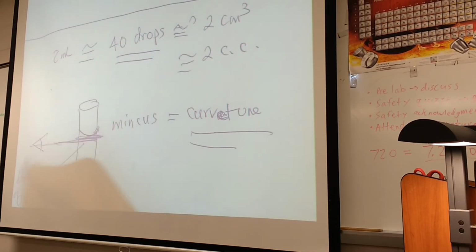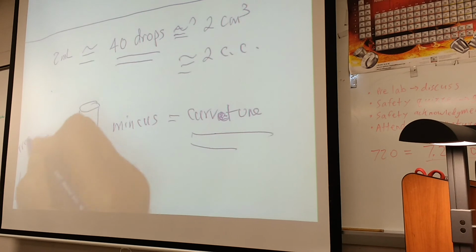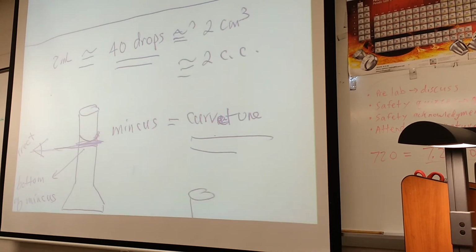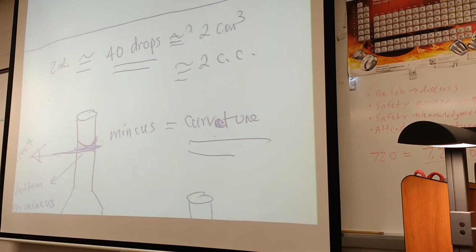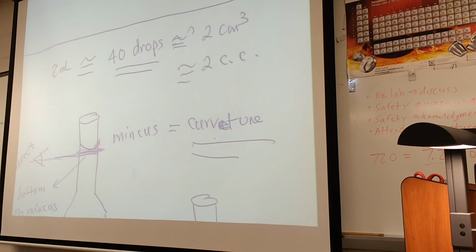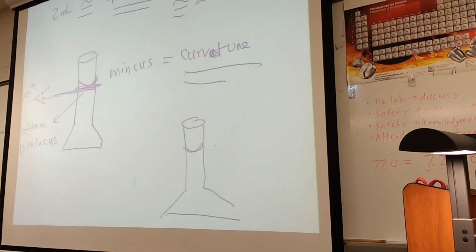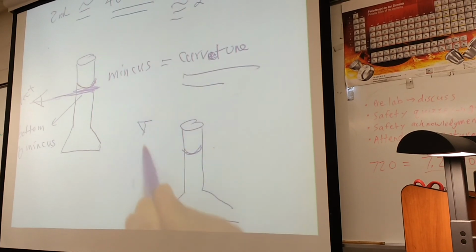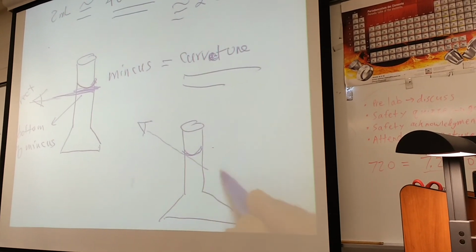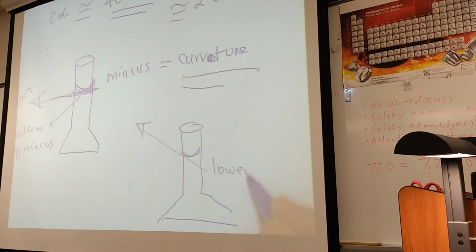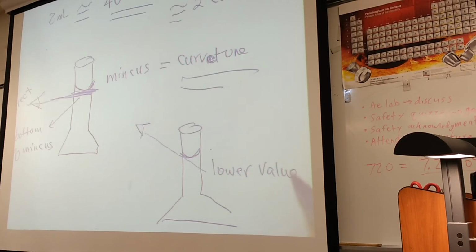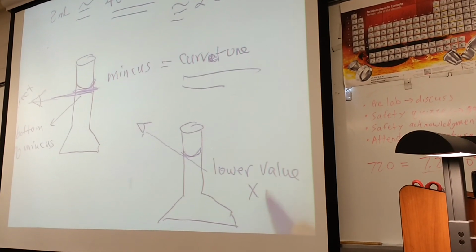correct? And this is the correct one here. If I look from the top of the meniscus, looking here at the top, what will happen? My eye will read what? A lower value, correct? Lower value. And this is not correct.